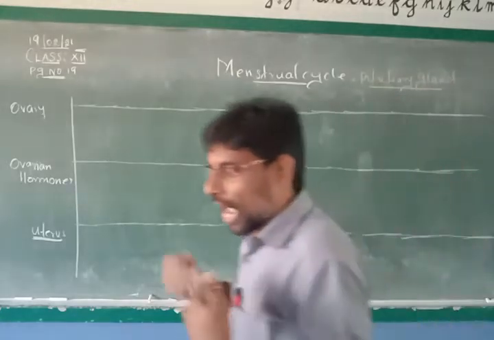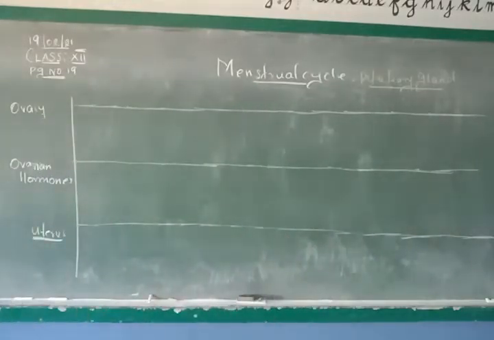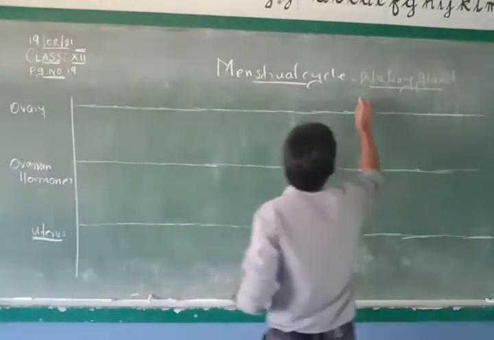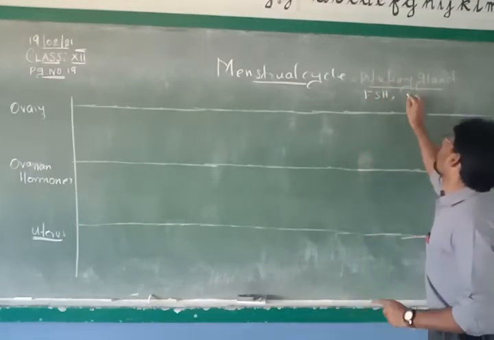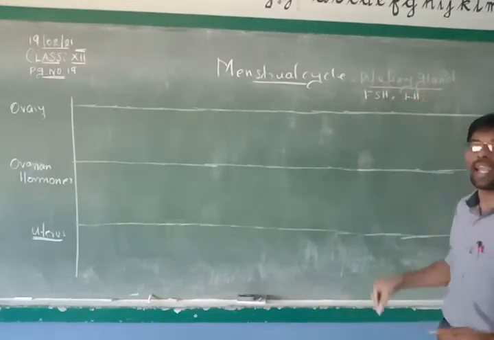The anterior part is called adenohypophysis and the posterior part is called neurohypophysis. The anterior part secretes six hormones that we have studied. What are those hormones? Growth hormone, thyroid stimulating hormone, adrenocorticotropic hormone. The next ones are FSH, follicle stimulating hormone, and luteinizing hormone, LH.